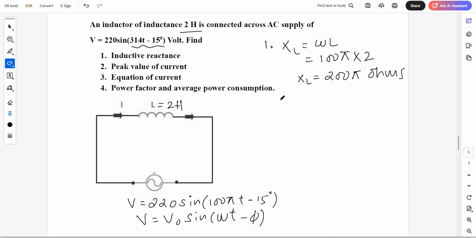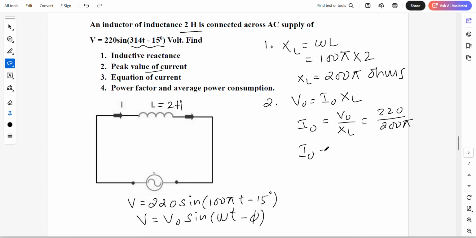XL is done. Number 2 is what? Peak value of current. V naught is equal to I naught into XL. And now from here calculate I naught is equal to V naught by XL. How much is V naught? Compare. 220. 220 divided by XL, which is 200 pi.